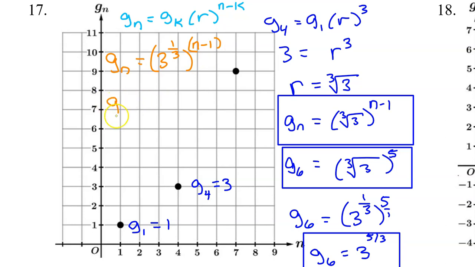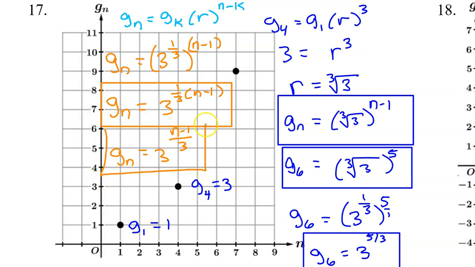So Gn is equal to 3 to the 1/3 times n minus 1 power. So right there, this is already another form. And one more slightly different form: 1/3 times n minus 1 would be the same thing as n minus 1 over 3.